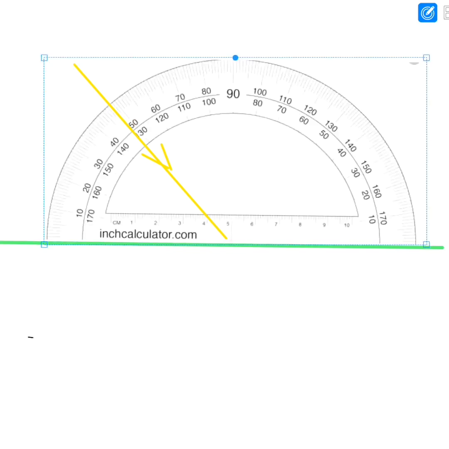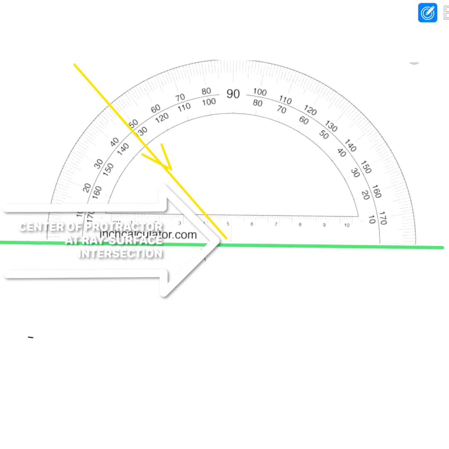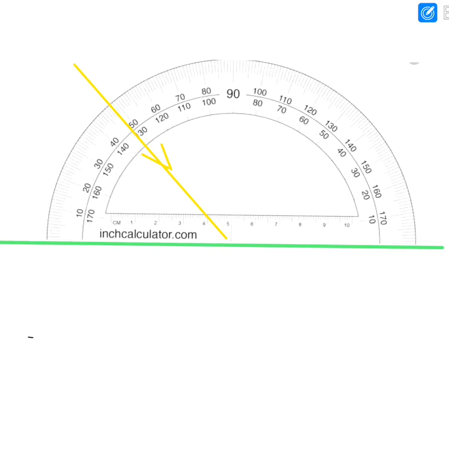So I've introduced a protractor to our illustration, and that protractor is arranged so that it is laid right along the green surface, and we can see that we could use that protractor to measure the angle that the yellow ray is incident on the surface at.